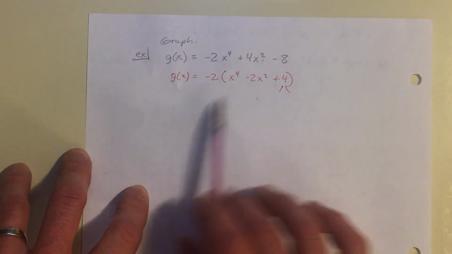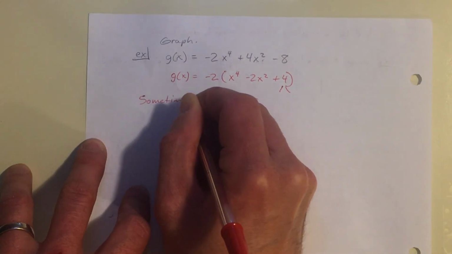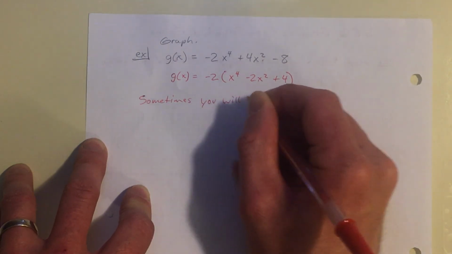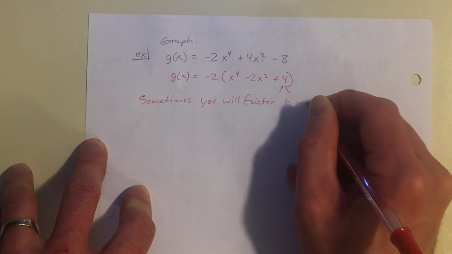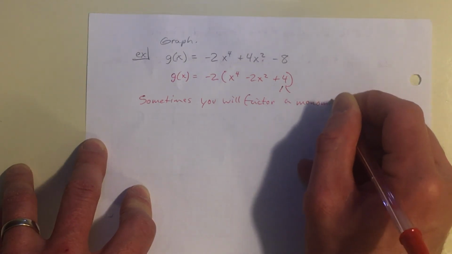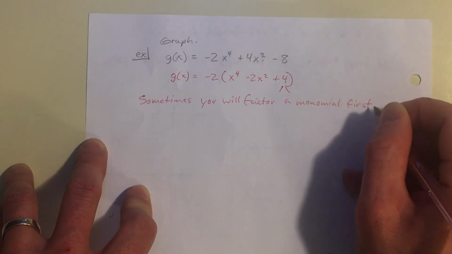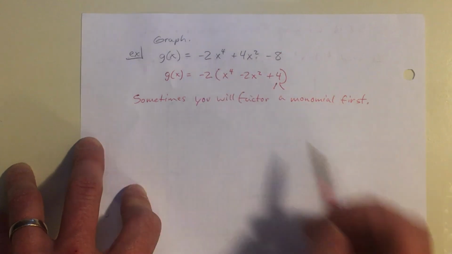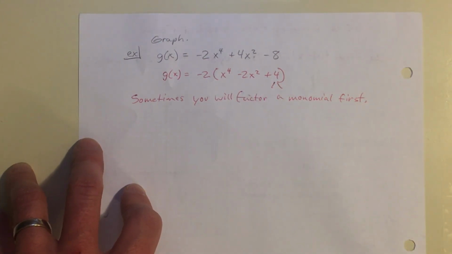But my big purpose of this was showing that sometimes you will factor a monomial first. And you know, maybe next time around I'll make one that actually factors once you put it in quadratic form. That would have been helpful.